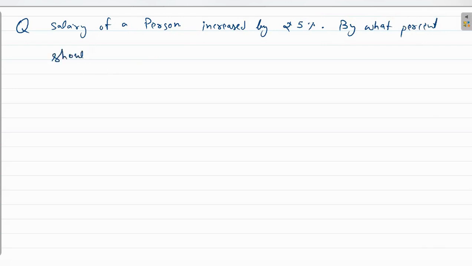Now they are asking by what percent should the new salary be reduced to restore the original salary.